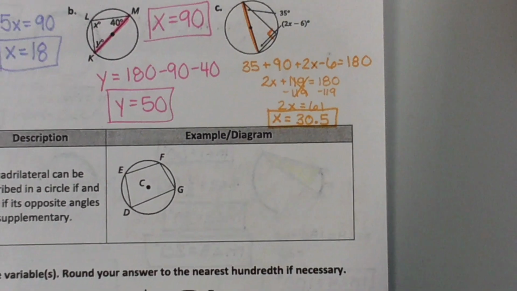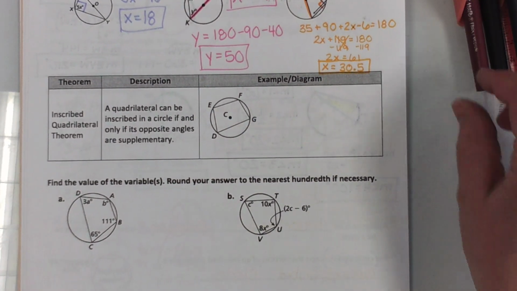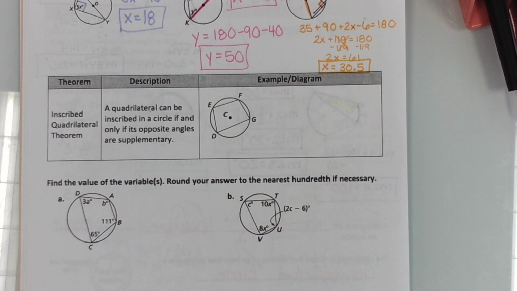Okay, final theorem. This is the theorem that tends to get the most mixed up, even though it's really not a terrible one. But people tend to oversimplify these problems. When you have a quadrilateral stuck inside of a circle, you end up having two angles across from one another, and actually two pairs of angles, technically, where their intercepted arcs make the full circle.